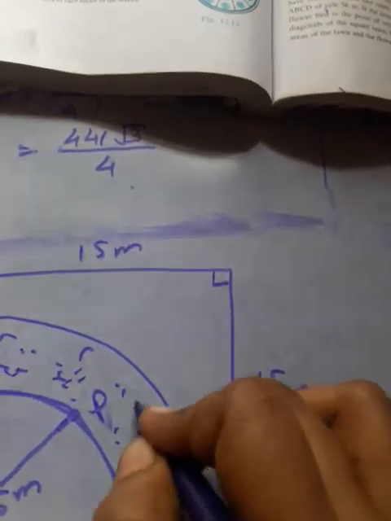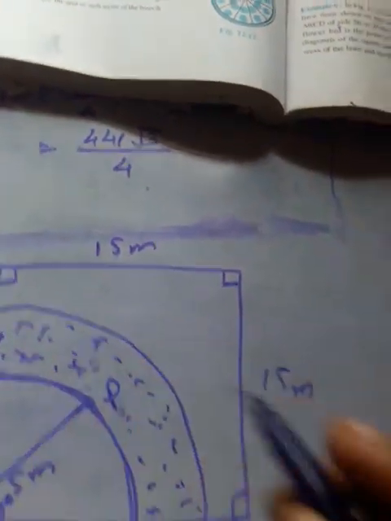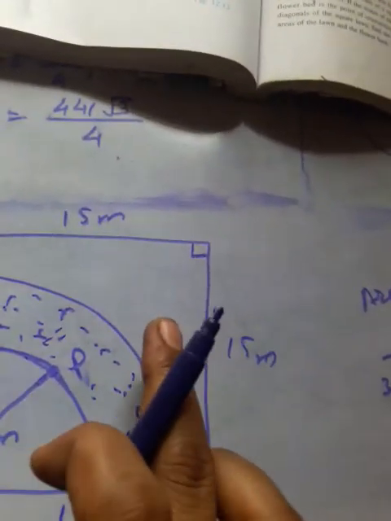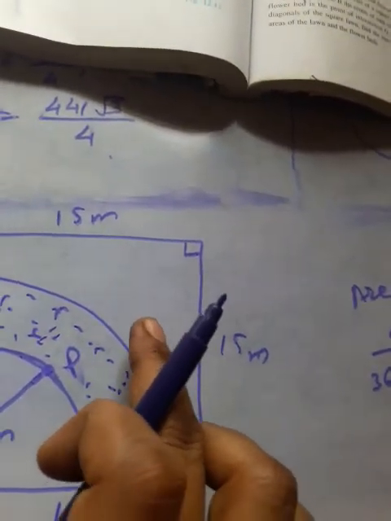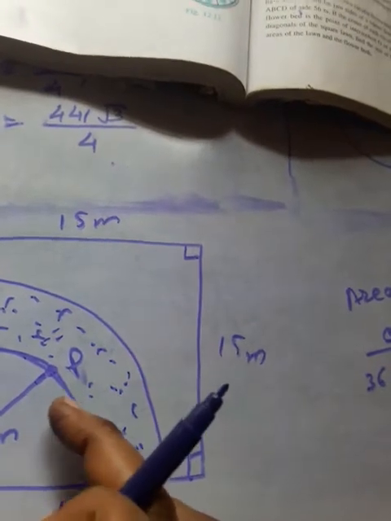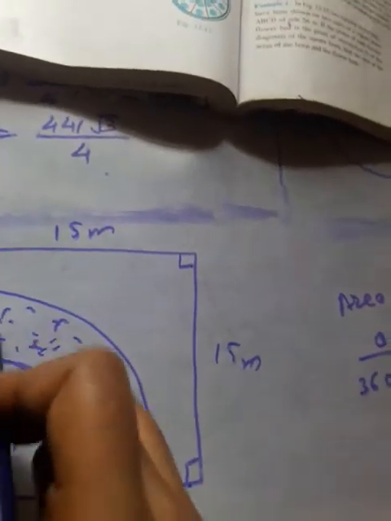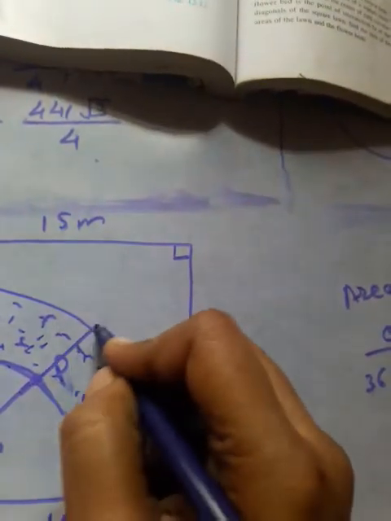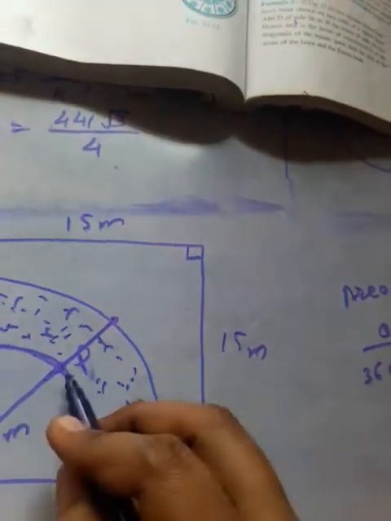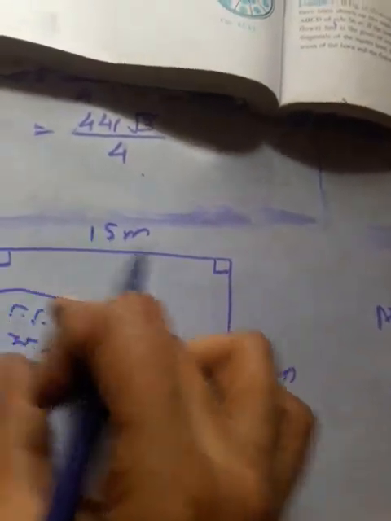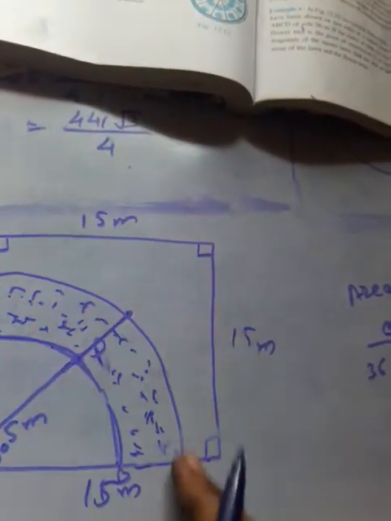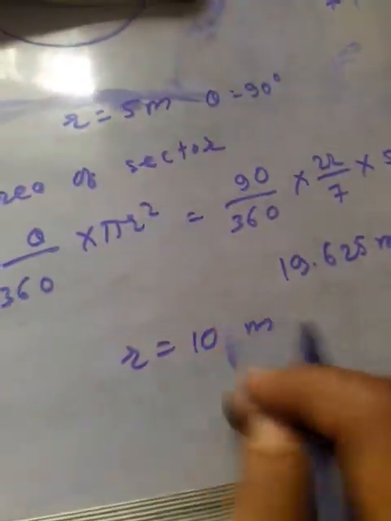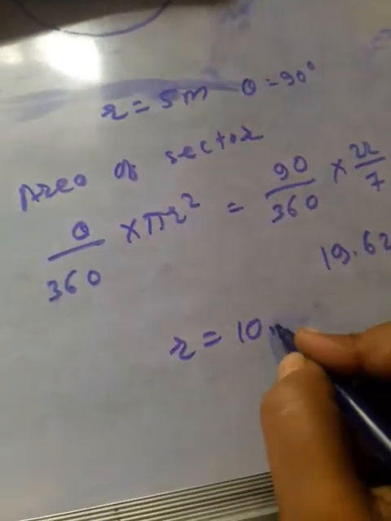So how to find it? I already told about the area of ring, so by that method find the area of the bigger sector minus the area of the smaller sector. You will get the area of the shaded portion, means the grazing area if the radius increases from 5 to 10. Firstly find the area of the bigger sector having radius 10 meters.